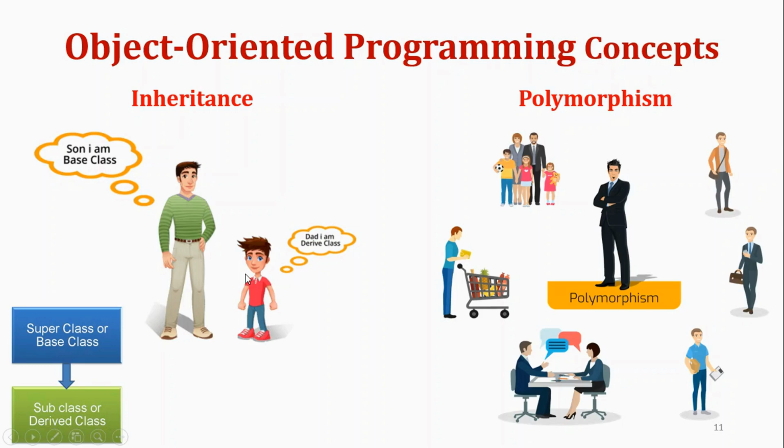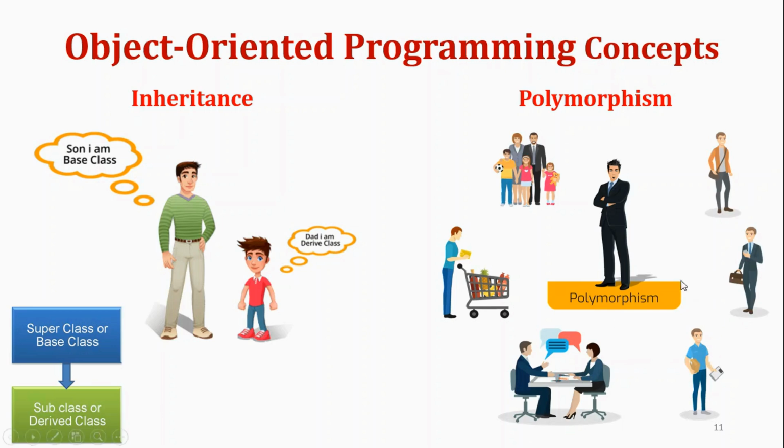Okay, and take this example, polymorphism. One person taking many forms depending upon the scenario. First one is a family head, next one is a traveler, or an executive in an office, and a manager in an office, and a customer in a grocery shop or supermarket.